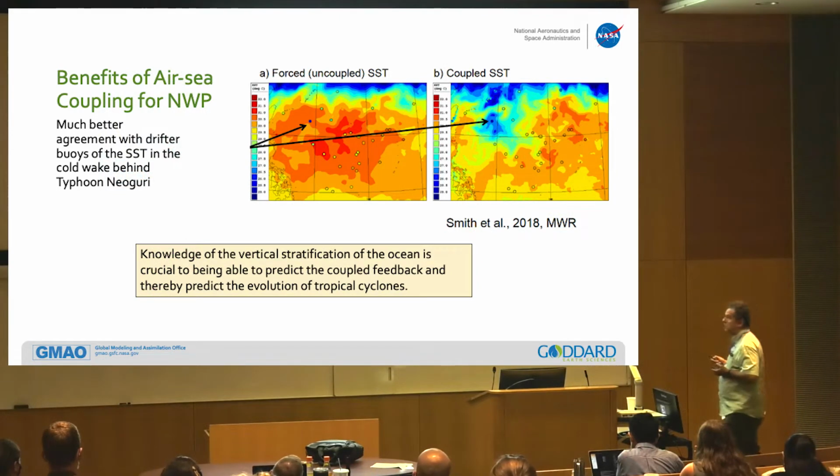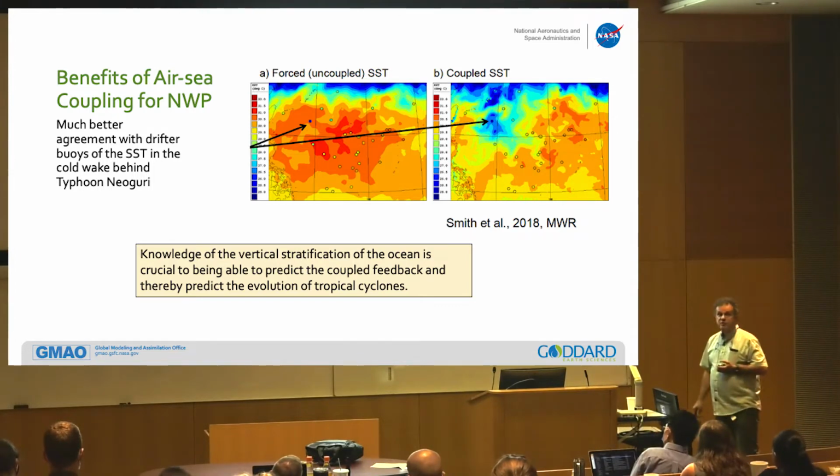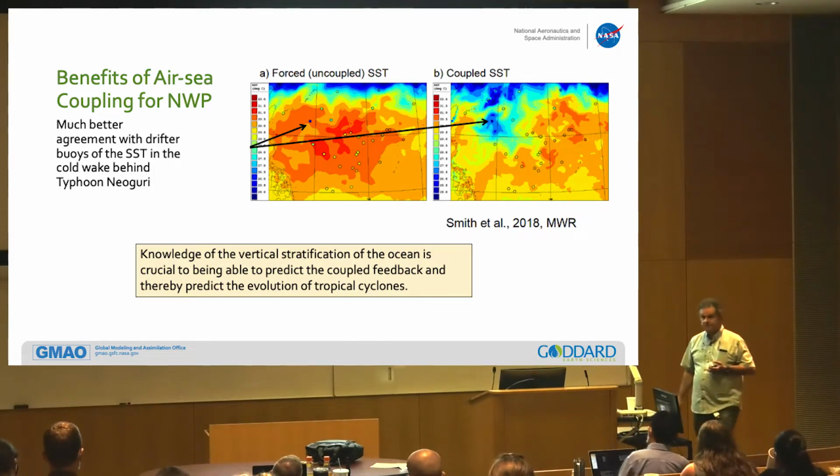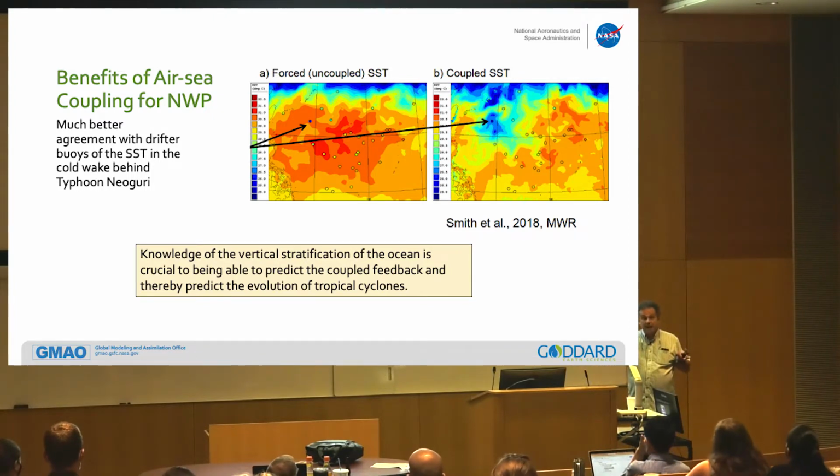I've said a few words about coupling, and depending on the time scales, but even shorter time scale, even for weather predictions, it becomes more and more clear that the ocean and the atmosphere are a coupled system. And here's a typical example, for hurricanes, right? If you have an atmospheric system where the surface temperature is prescribed and doesn't change, your hurricane comes through, it doesn't deplete the warmth, right?